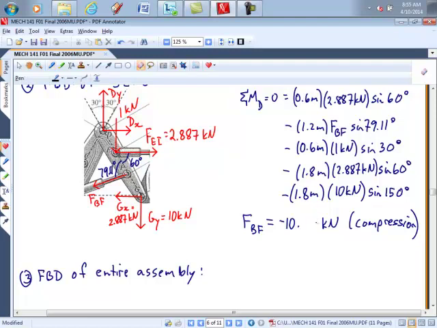That probably changes it again. I got 10.44. All right, that's what I have from before. 10.44 kilonewtons. Still in compression.